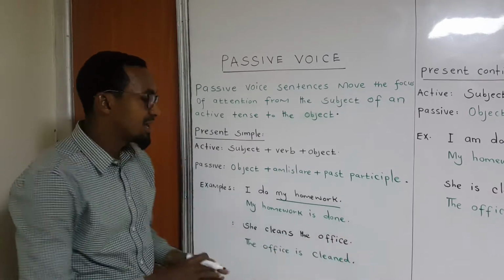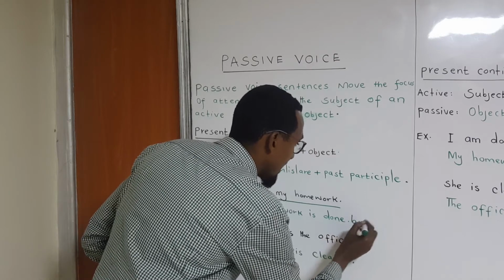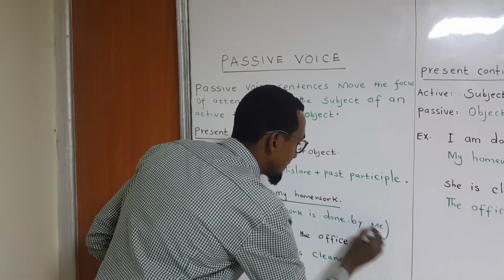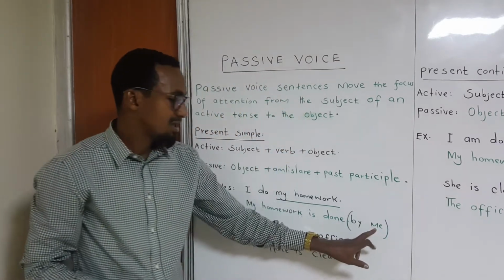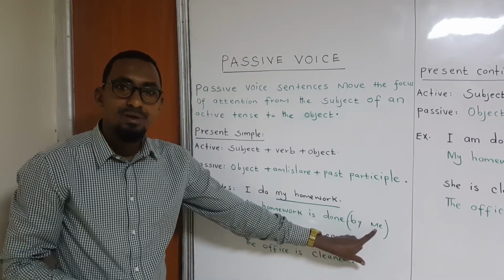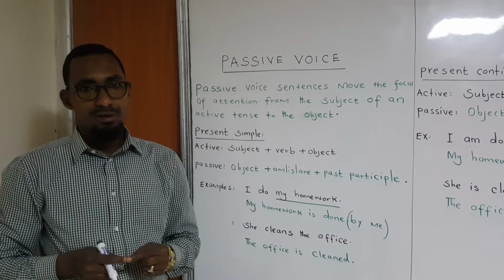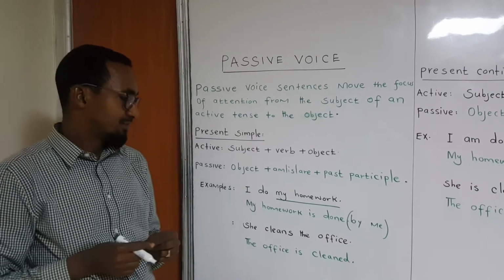We can also add here "by," and then you can say "by me." So by and the agent. The agent is the person who is doing the action. Anybody who's doing the action is called the agent.